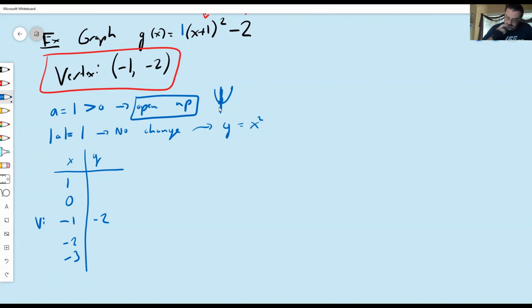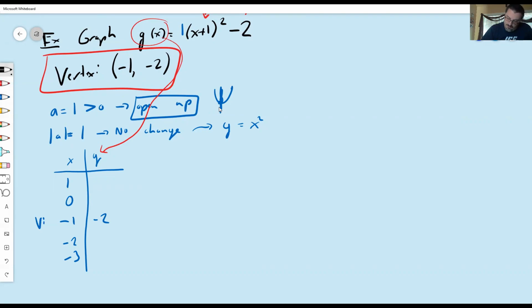So now I find the y value. Right? Y values just mean I'm going to take g of x, and it's going to come down right here, and that's going to give me my y values.